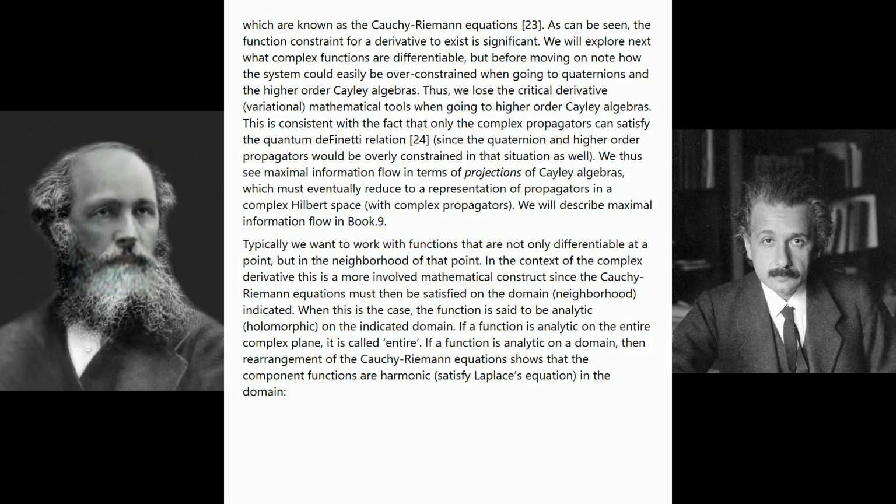This is consistent with the fact that only the complex propagators can satisfy the quantum de Finetti relation, since the quaternion and higher-order propagators would be overly constrained in that situation as well. We thus see maximal information flow in terms of projections of Cayley algebras, which must eventually reduce to a representation of propagators in a complex Hilbert space with complex propagators. We will describe maximal information flow in Book Point 9.